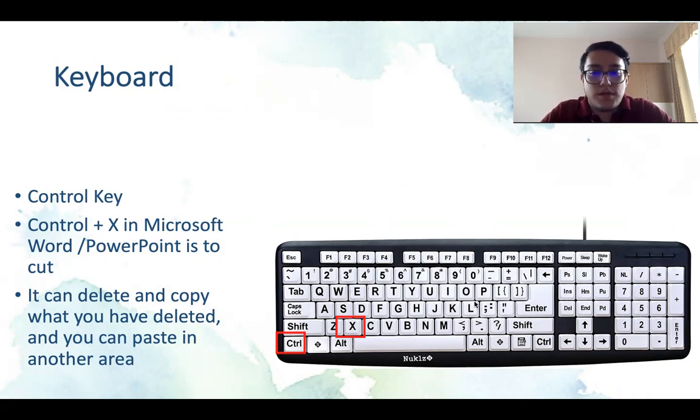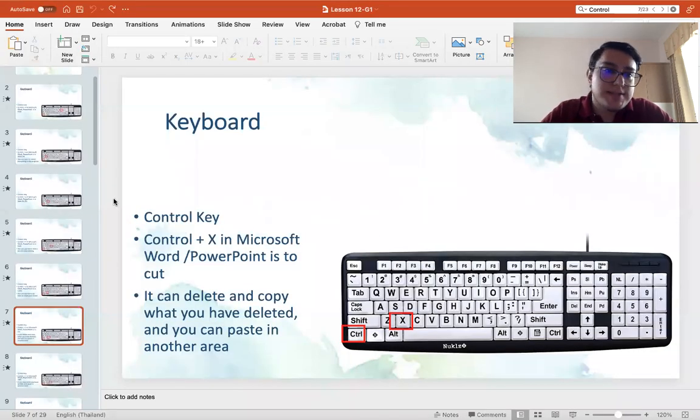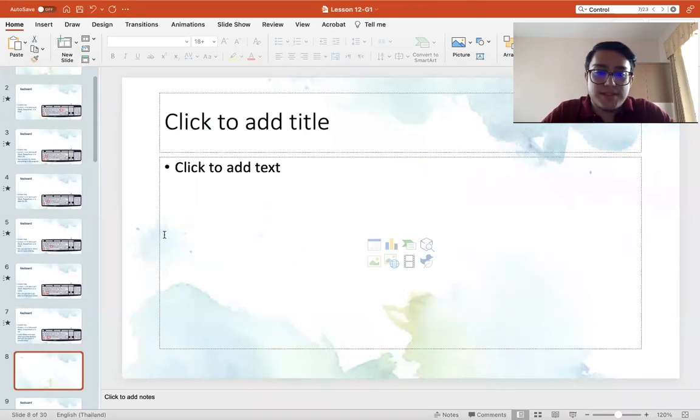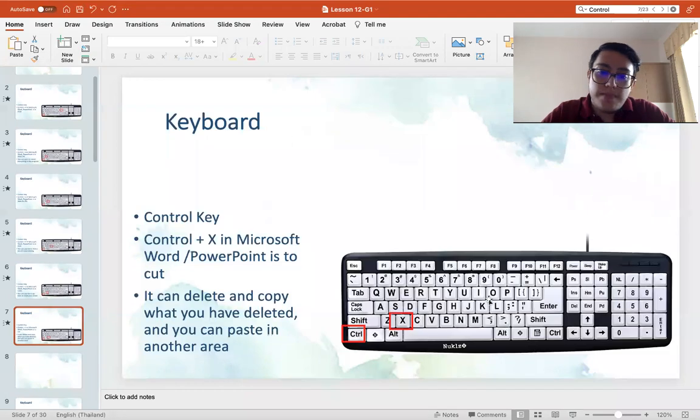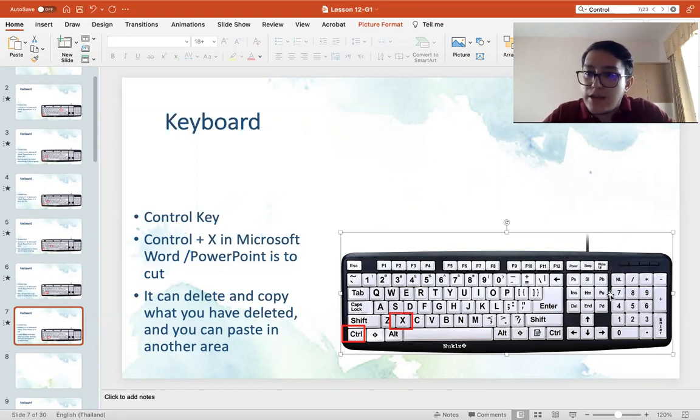All right, so let me show you. Let's say I have a new empty slide. This is an empty slide. All right, I want this picture in the next one, but I don't want it in this slide anymore. So basically I want to delete from this slide.